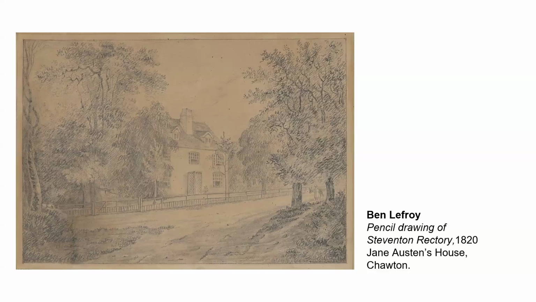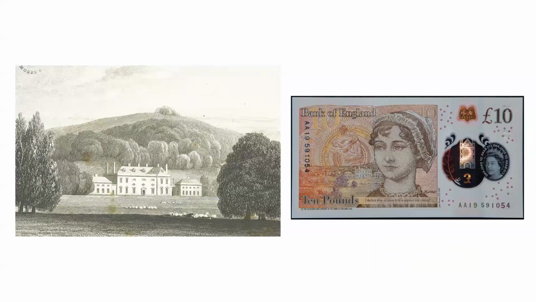And so when she did visit country houses, like this property here, Godmersham Park in Kent, she often did so as a family guest or as a dependent relative. Godmersham Park was one of three estates belonging to her brother, Edward Austen Knight.